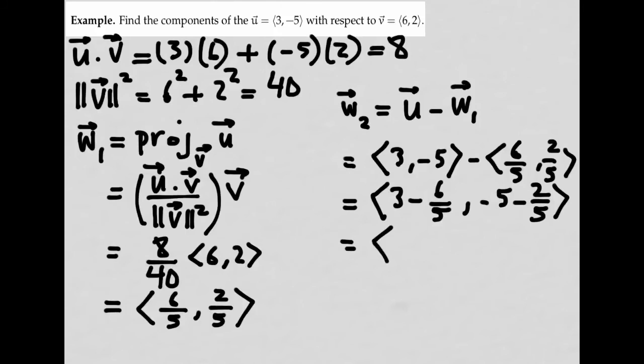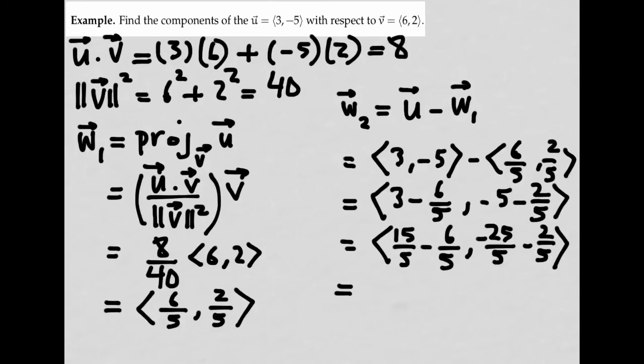That's 15 over 5 minus 6 over 5, minus 25 over 5 minus 2 over 5.